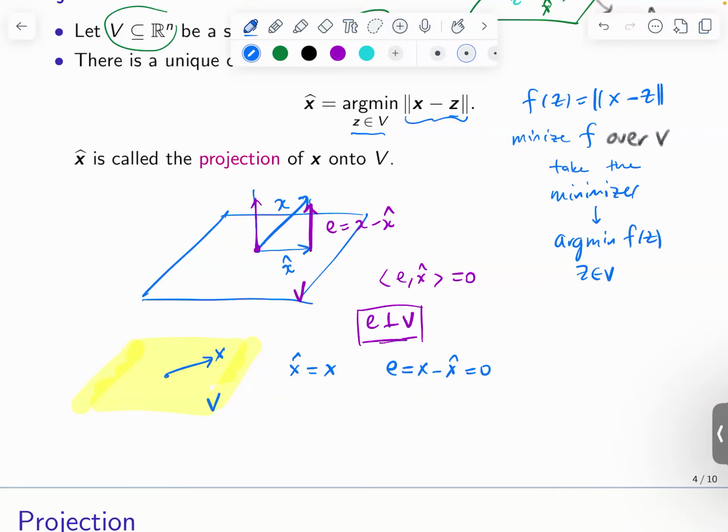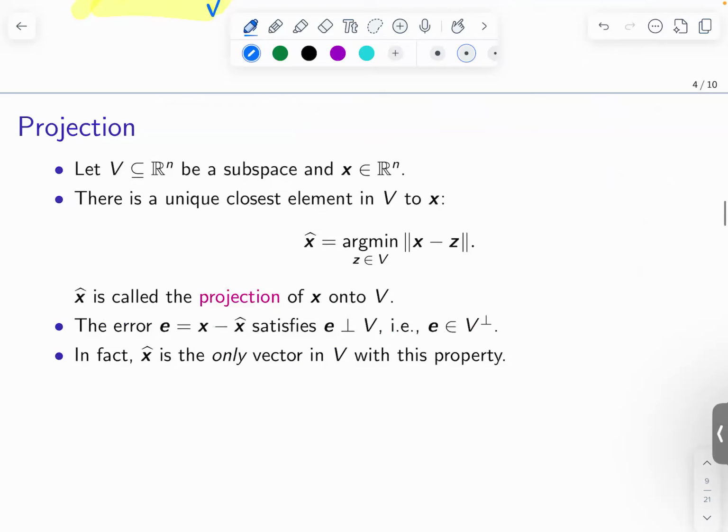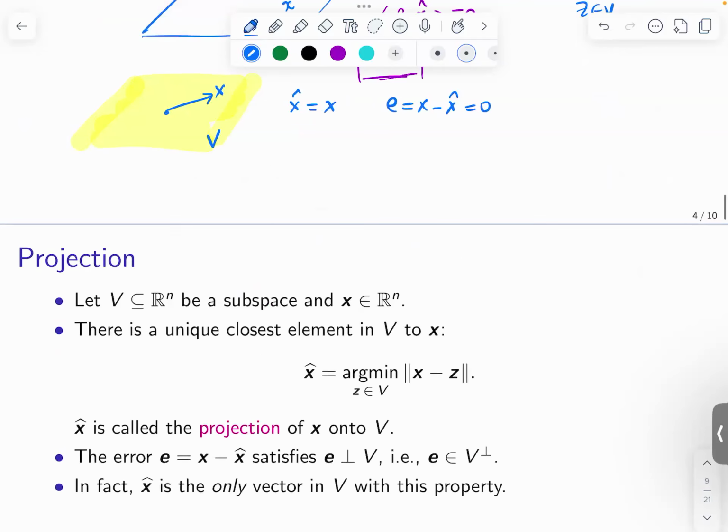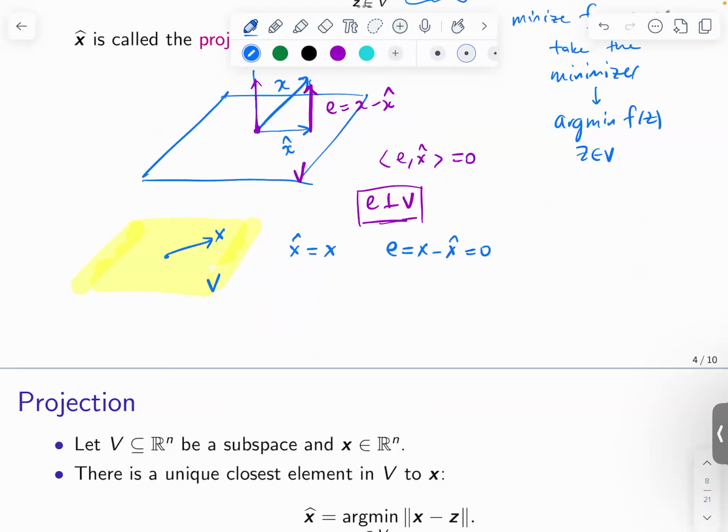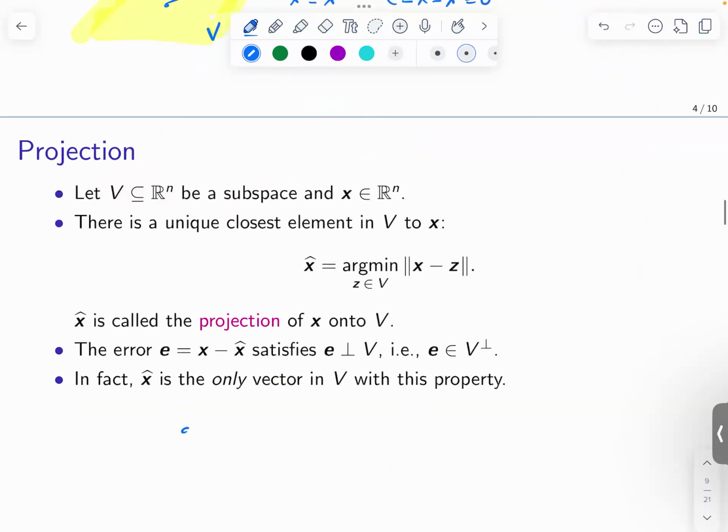There's a unique projection. The next thing I want to note is that once I have this property, I can rewrite this equation as x equals x hat plus e. This is just rearranging the definition.